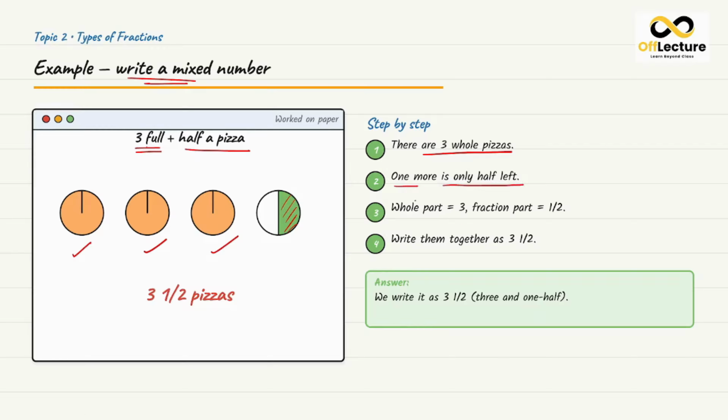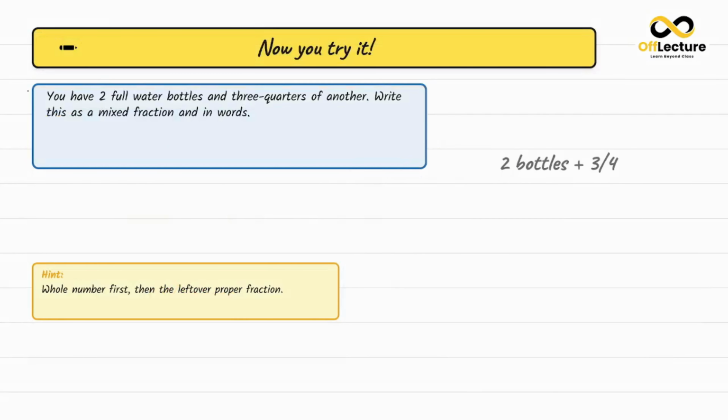So how will we represent it as a mixed fraction? There are 3 whole parts and the fraction part is 1 by 2. So we will write it together as 3 1 by 2. We can say it in words as 3 and 1 half. Okay, now you try it.